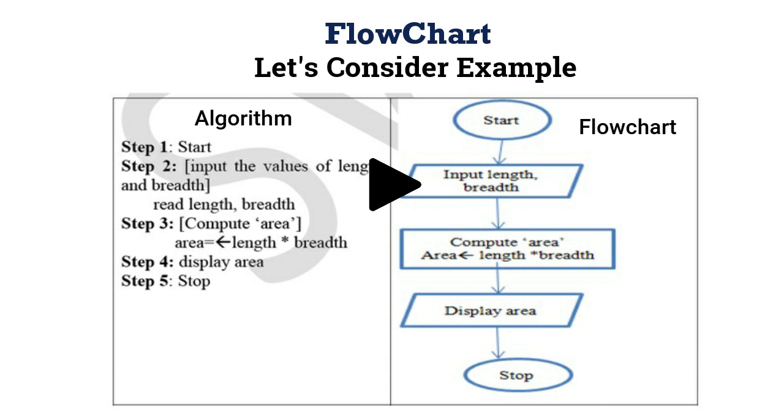So here input is length and breadth, and the computation, that is the rectangle, is used to indicate the instructions. So compute the area. Area is equal to length into breadth, and the parallelogram is used to display the output as the area, and the last shape indicates to stop the process.